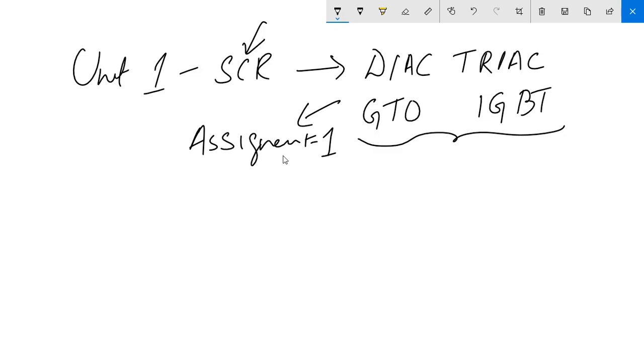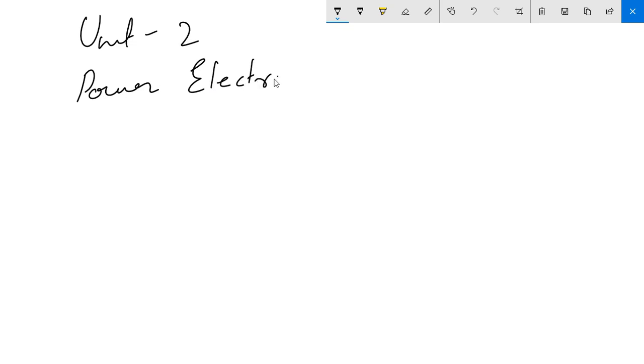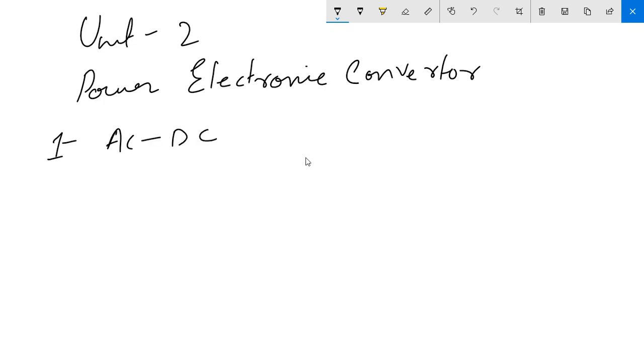Here we will be discussing unit number 2, that is rectifiers. Before that, we will discuss power electronic converters. What are the different power electronic converters? First is AC to DC, and this is called a rectifier.